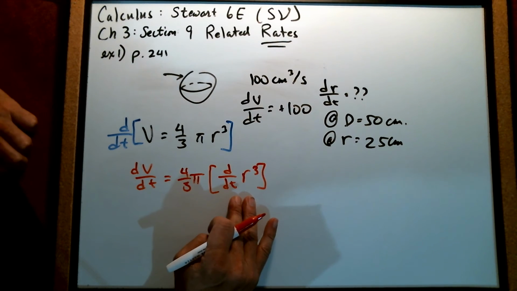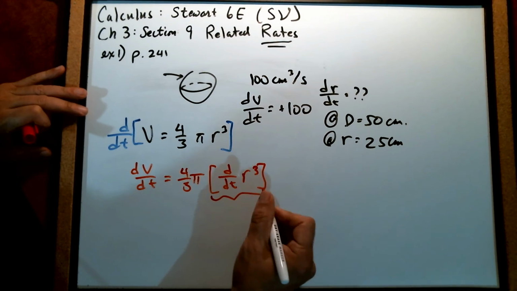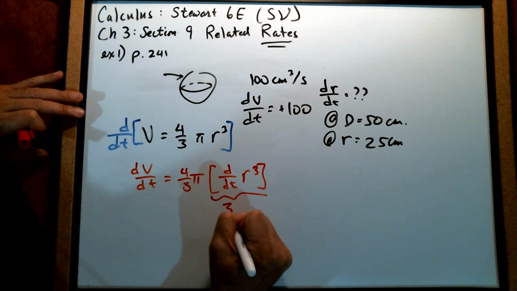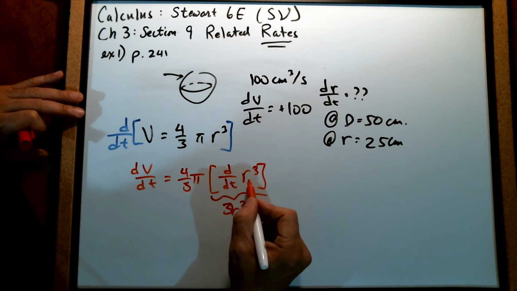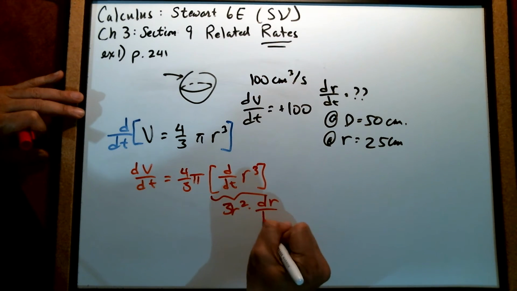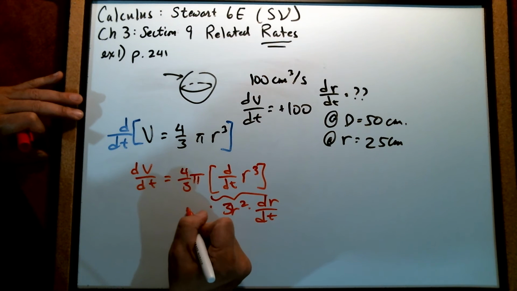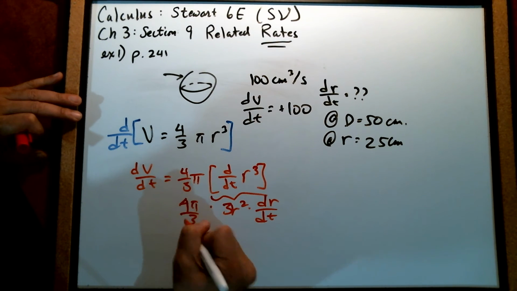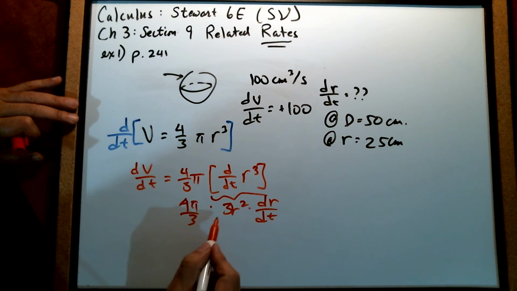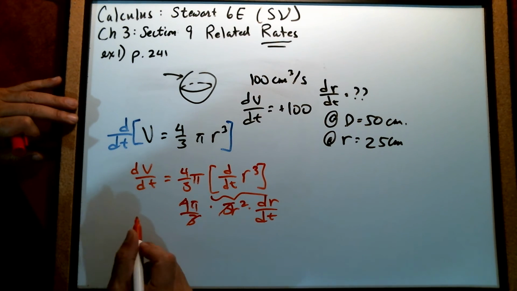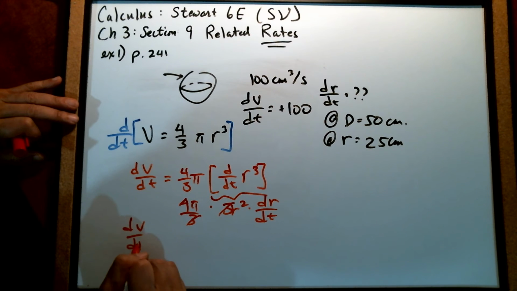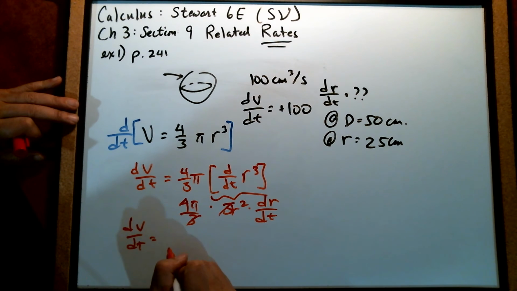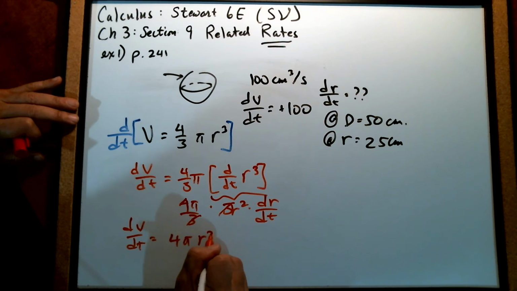That's going to be using the power rule, 3r squared times the derivative of r, which is dr/dt, also multiplied by 4 pi over 3. The 3 is going to cancel out with that 3 as well. So dV/dt is equal to 4 pi r squared times dr/dt.